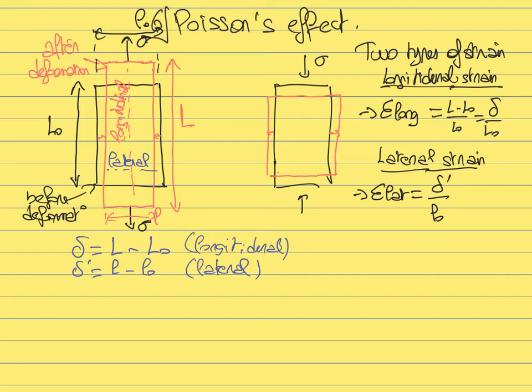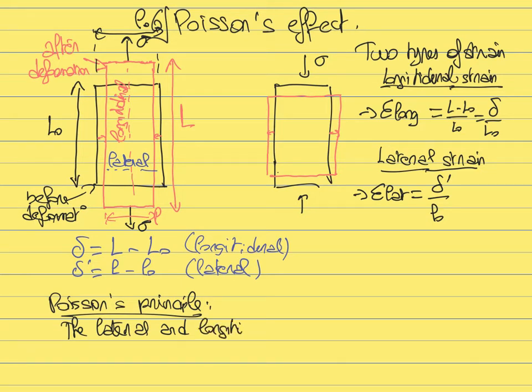And in this case, what Poisson's principle tells you, and again this is based on some observation, this is not something that is proven, it's something that is observed, is that the lateral and the longitudinal deformation are proportional to each other.